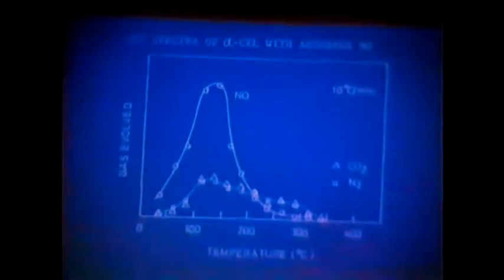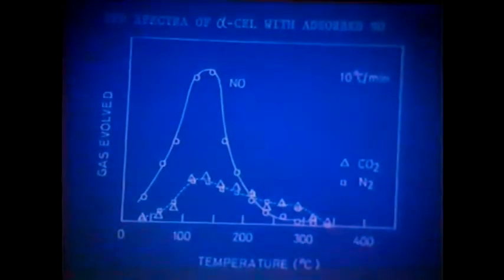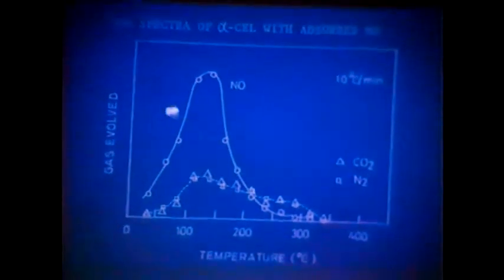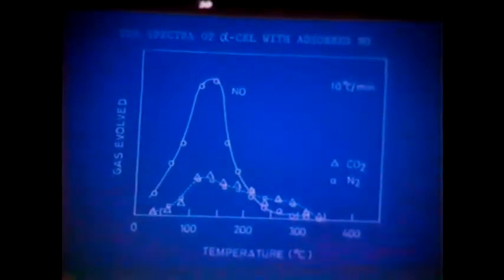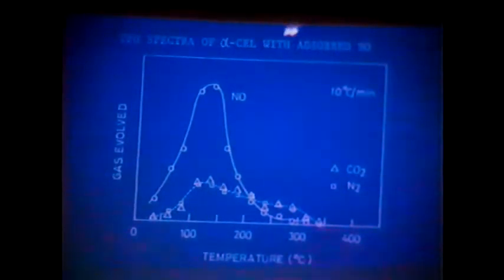We examined the TPD spectra by use of mass filter in order to identify the adsorbed species. This slide shows TPD spectra of alpha cell with adsorbed NO. Evolved gases are NO, carbon dioxide, and nitrogen. There is a main NO peak around 150 degrees.